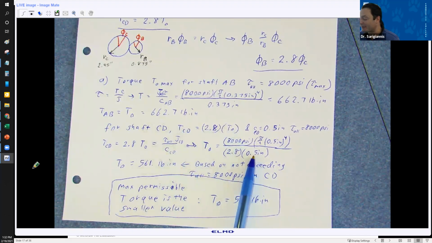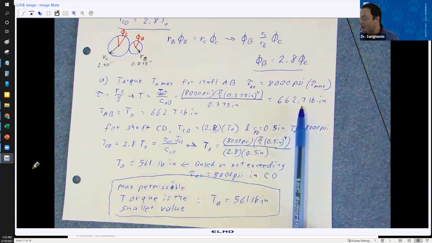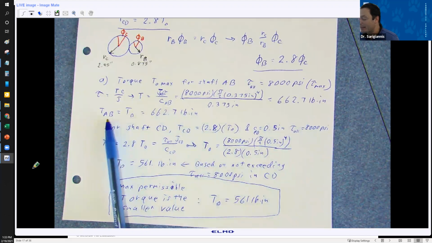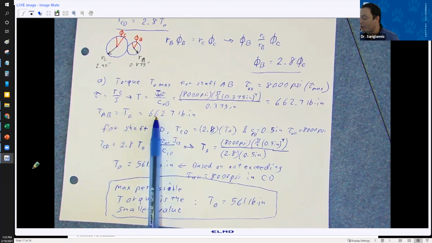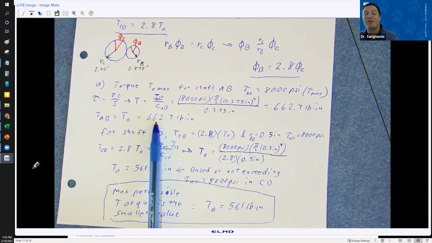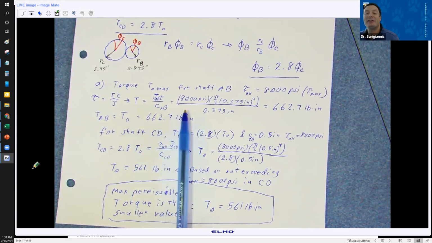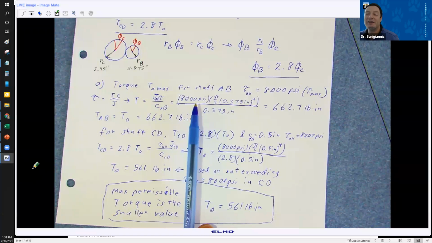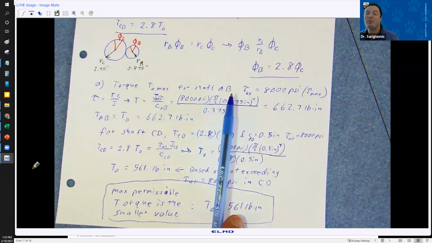And just based on the diameters of the radii in this case, you find out that the torque in this scenario is 561 pound-inch. Up here for AB, you can go all the way up to 662 pound-inch and never exceed the 8,000 PSI allowable shear stress in shaft AB.